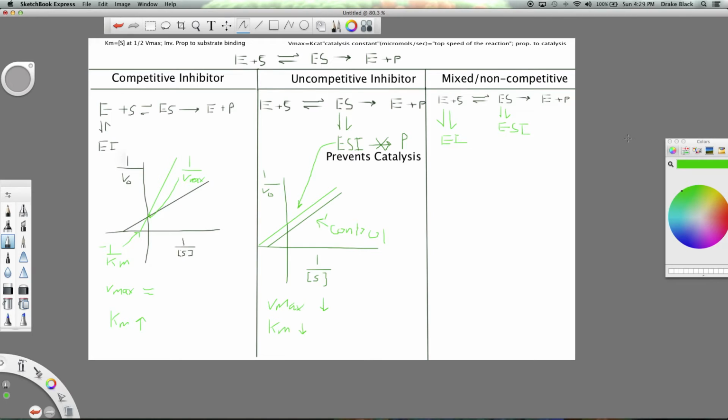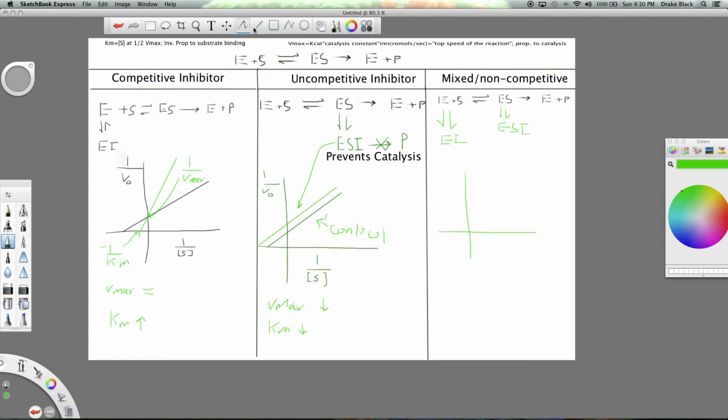Alright. So what happens with this Lineweaver-Burk graph? So here's V naught. Here's 1 over the substrate concentration.